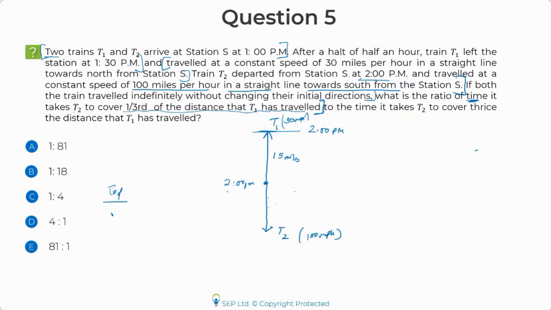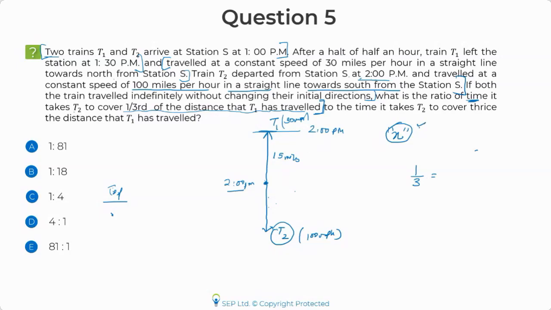See, at 2 p.m. I know what the situation is. What I'm going to say is, let's assume the time to be, say, small t or take x. Let's say the time taken by T2 is x. Time taken by T2 is x. What is this time? The time taken to cover 1/3 of the distance by T1.